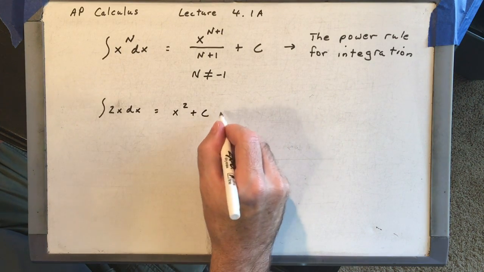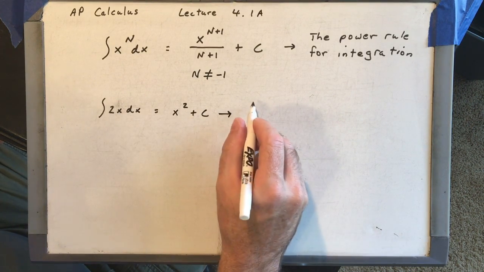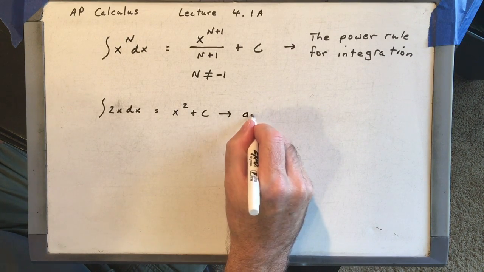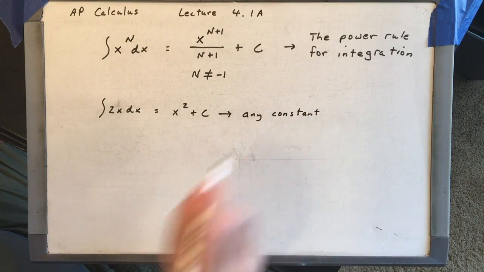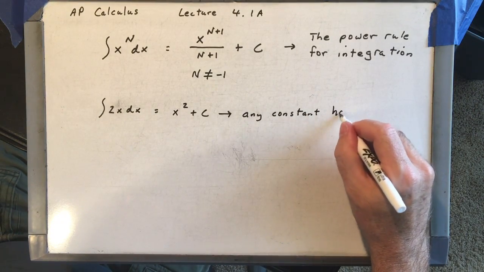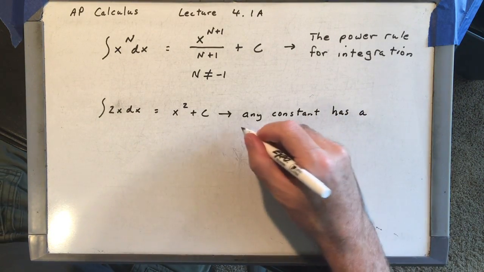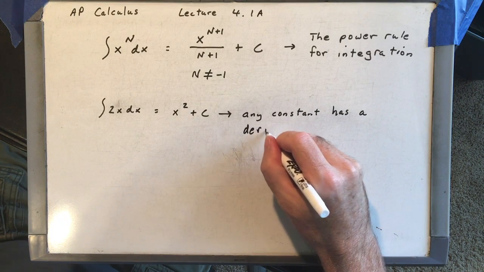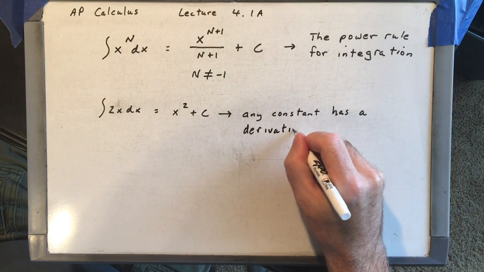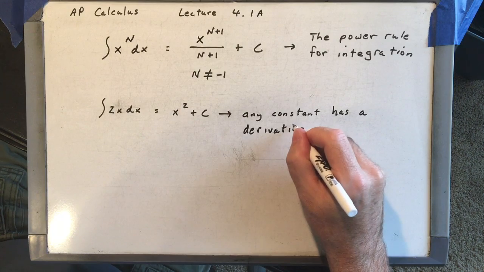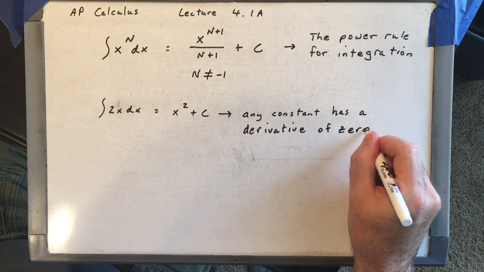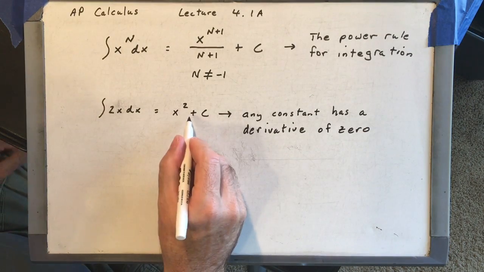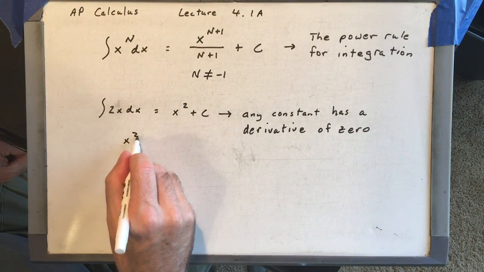And the reason that you have to put a plus c is any constant has a derivative of 0.